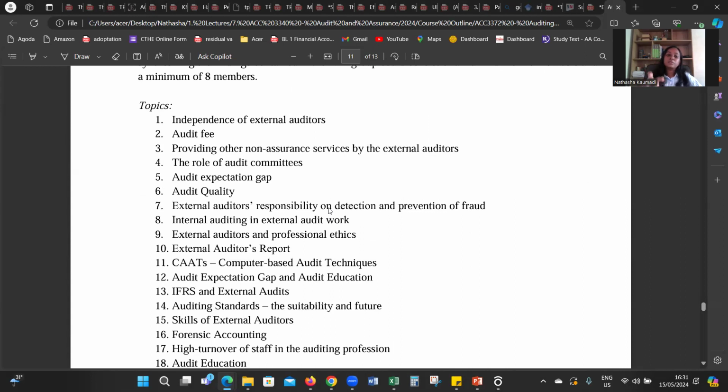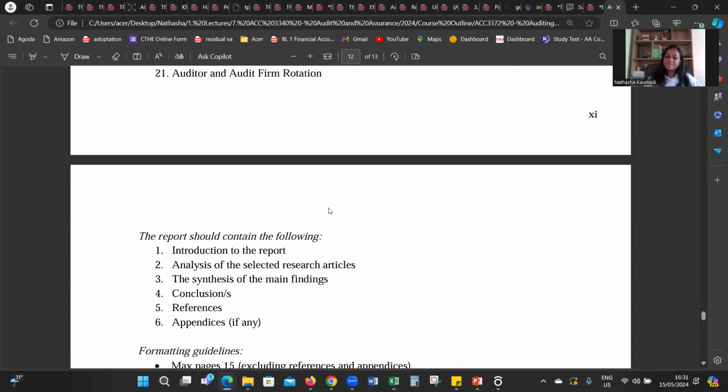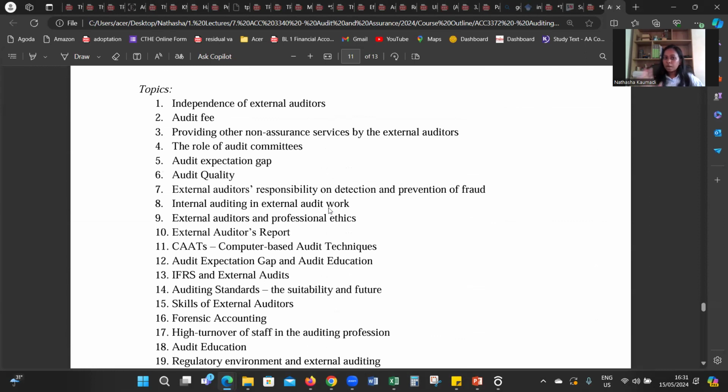For all three departments, accounting and the other two departments, we have the name list. I will be getting those name lists group wise. Maybe there are 8 to 10 members in each group, right? I will allocate these 21 topics randomly to your groups. So you will get one of the topics mentioned here.